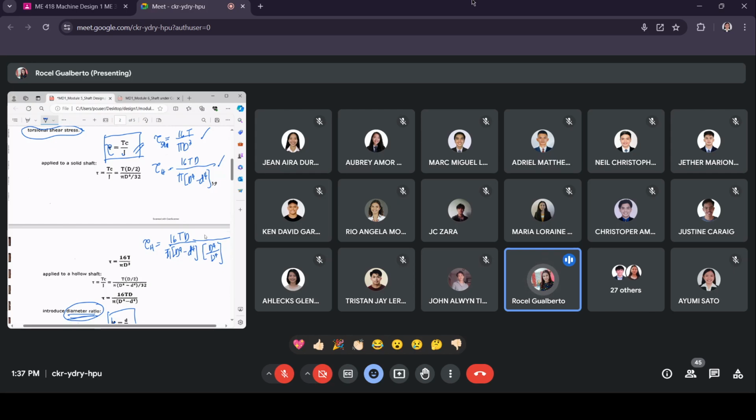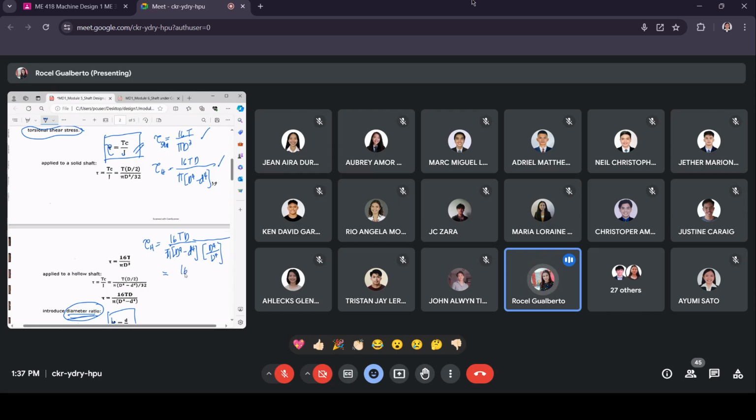Multiplying this, you have to multiply here D to the fourth, and so as well small letter d to the fourth. You have to distribute this to what is inside the parenthesis.